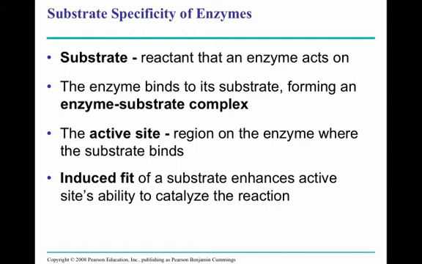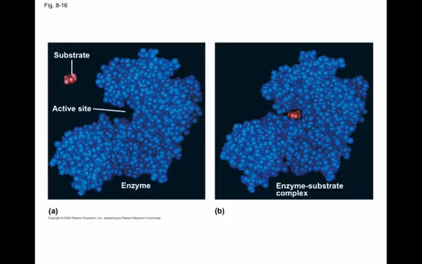So the enzyme literally kind of squeezes around the substrate. When the substrate binds to the active site, that will enhance the active site's ability to catalyze the reaction, because literally the enzyme will tighten its grip, if you will, on the substrate, putting stress on the bonds of that substrate and speeding along the process.